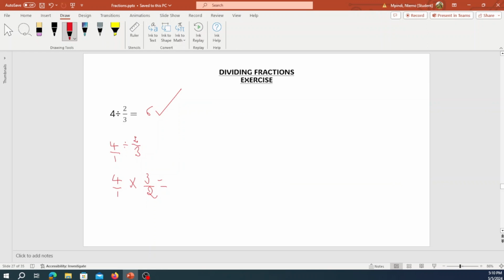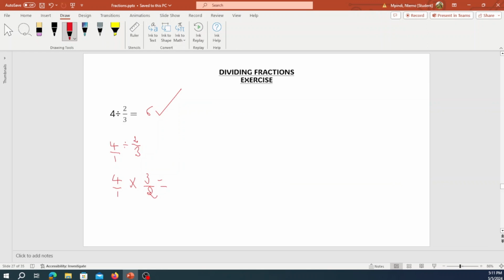Now, the 2 we change to the bottom, the 3 on the top. That's it. So, this part, you don't worry about it. Leave it the way it is. We only focus on the sign. We change the sign to multiplication. And this 2 goes to the bottom, the 3 goes on the top. That's how I put it, like this, okay?